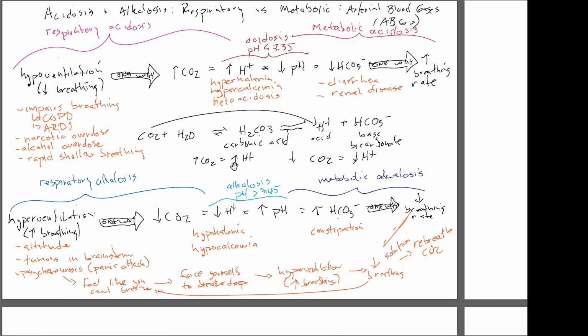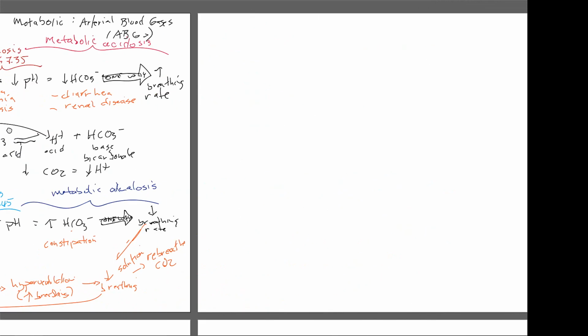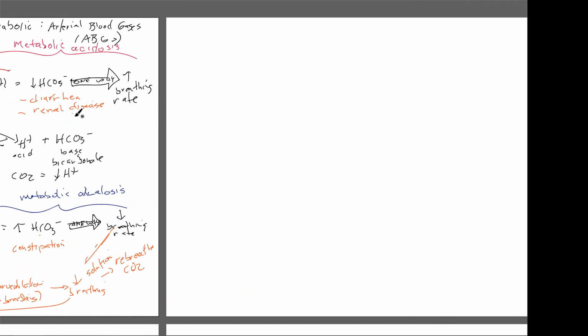Now some people, if I can get this moved over, remember this as ROME. It's just a mnemonic, and it stands for respiratory opposite. And what this means is if pH is high and CO2 is low, then those are opposites, and so this is respiratory.